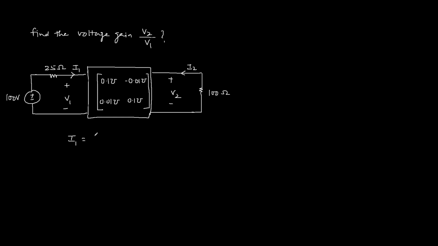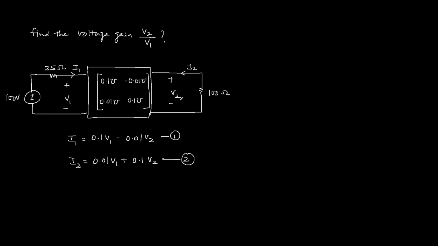I1 is 0.1 V1 minus 0.01 V2. This is the first equation. I2 is 0.01 V1 plus 0.1 V2. Now we have to find out V2 over V1.